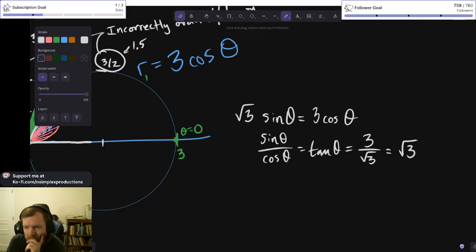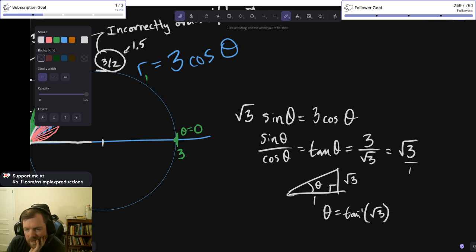Or root 3 over 1 if you insist. So sine over cosine, again, not drawn to scale, is going to be root 3 opposite over adjacent 1. So theta is going to be equal to arctangent of root 3, which is equal to pi over 3.